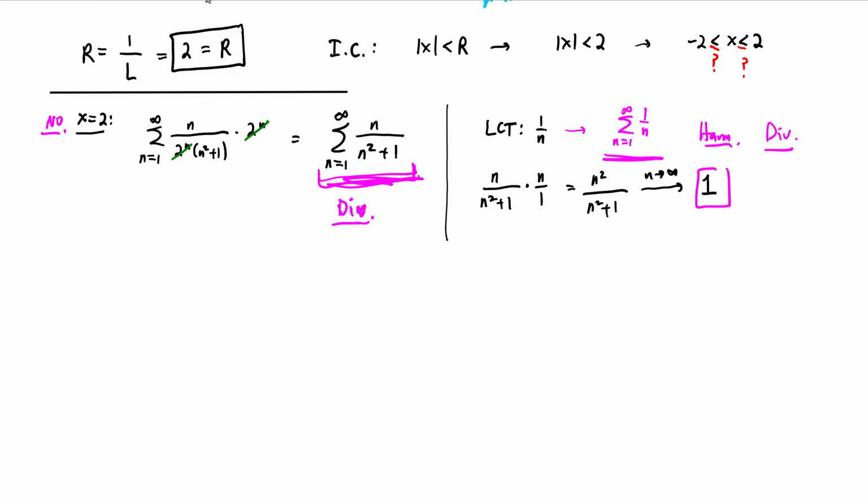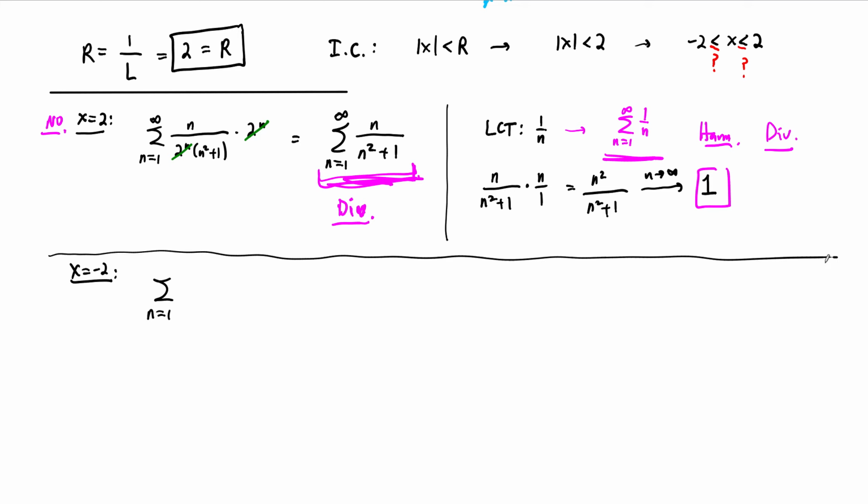All right, we have to check the other endpoint now. When we check x equals -2, what happens? It's very similar. Now our series is going to be, just put a little squiggle here, n goes from 1 to infinity of n times -2 to the power n over 2 to the power n squared plus 1.